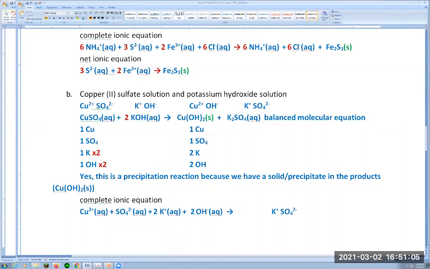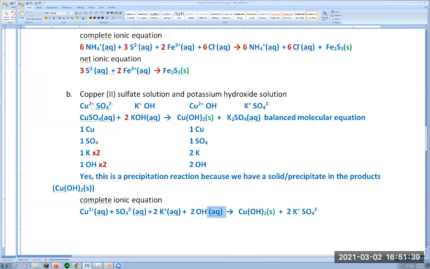So yields. So this is a solid, so it will not change. The solids mean the ions now are not free from each other. They are actually bonded together into a solid. And so this in an ionic equation will stay as a solid, as a compound. However, the K2SO4 is an aqueous solution. So this will be an aqueous solution. And here we have 2K, right? K2 here means we have 2 potassium ions.